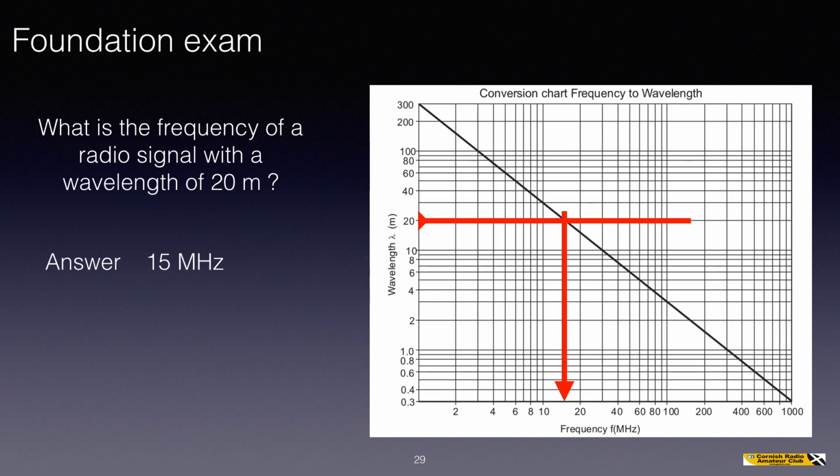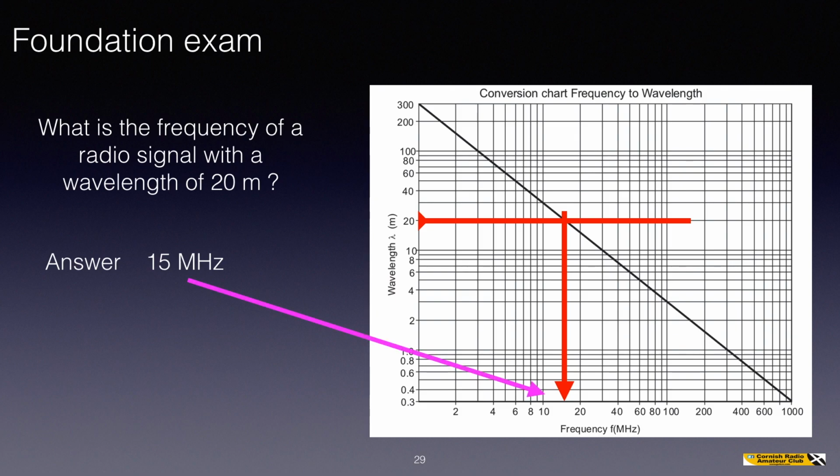Now, you might say, well, I can see it's between 10 and 20 megahertz. I can't determine exactly that it's 15. If you're given a question like this in the foundation examination, remember it is multi-choice and the answers will be spaced out far enough so that there's obviously only one right answer.